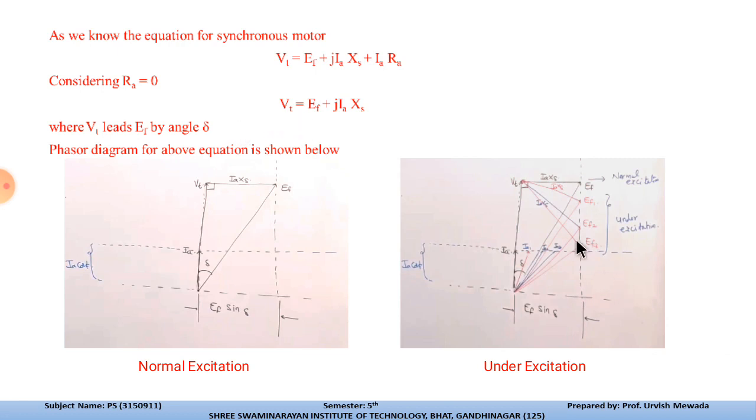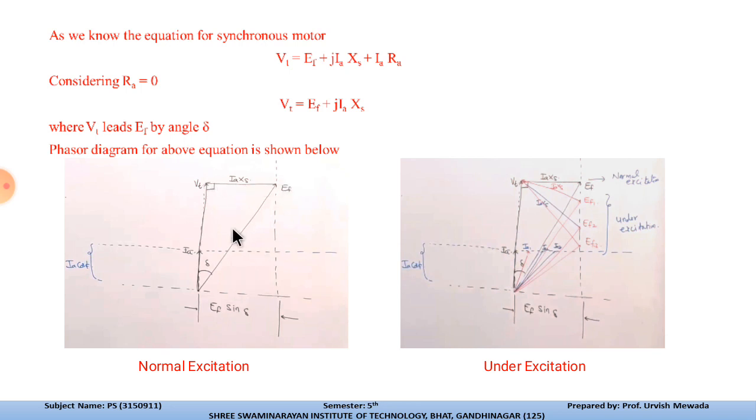Now here you can see the two modes of excitation of the synchronous motor. Over here you can see the normal excitation phasor diagram, and this is the under excitation phasor diagram. You can see that the angle between EF2 and Vt is reducing in the case of under excitation, and the angle between EF and Ia is constant due to the normal excitation.